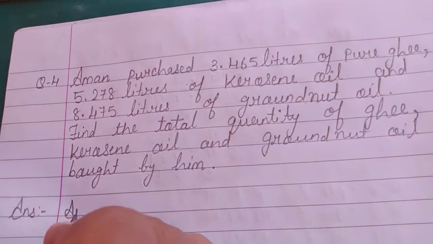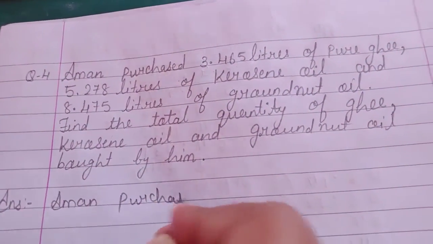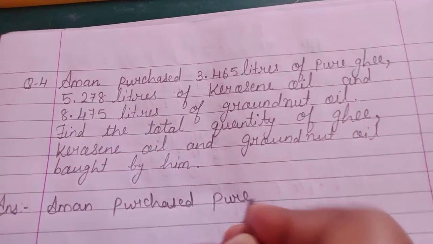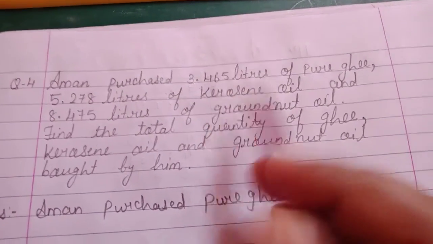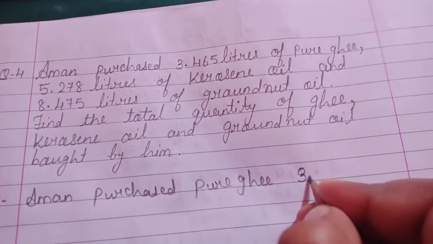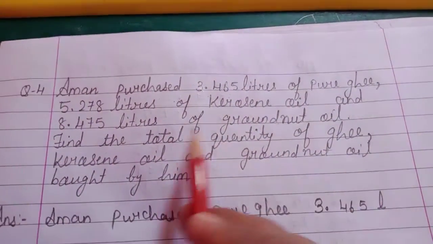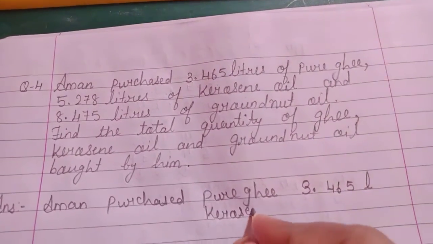So Aman purchased, first what he purchased? Pure ghee. How much liter he purchased? 3.465 liter. Then he purchased kerosene oil. So we will write here kerosene.